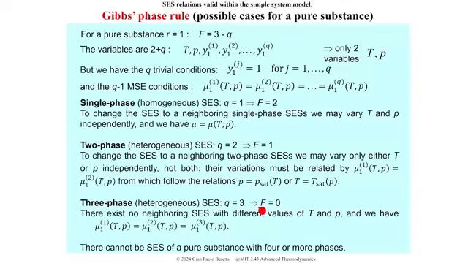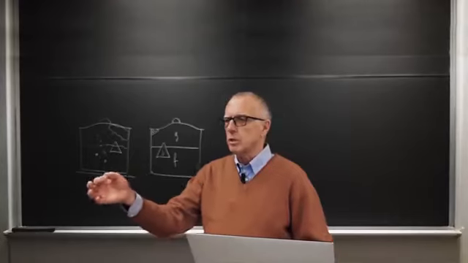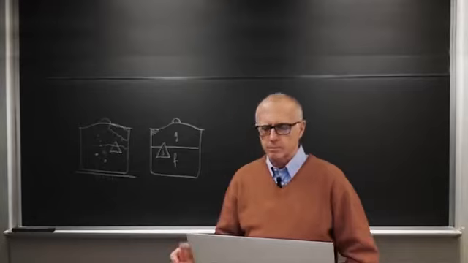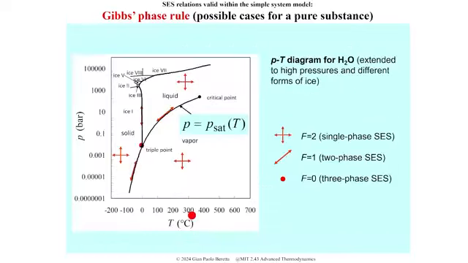There are no neighboring states with different values of T and P, because for the equality of the chemical potentials here, I have 2 equalities, and the 2 variables are T and P, so that fixes uniquely the value of T and P at which you can have those 3 phases. That's the triple point.